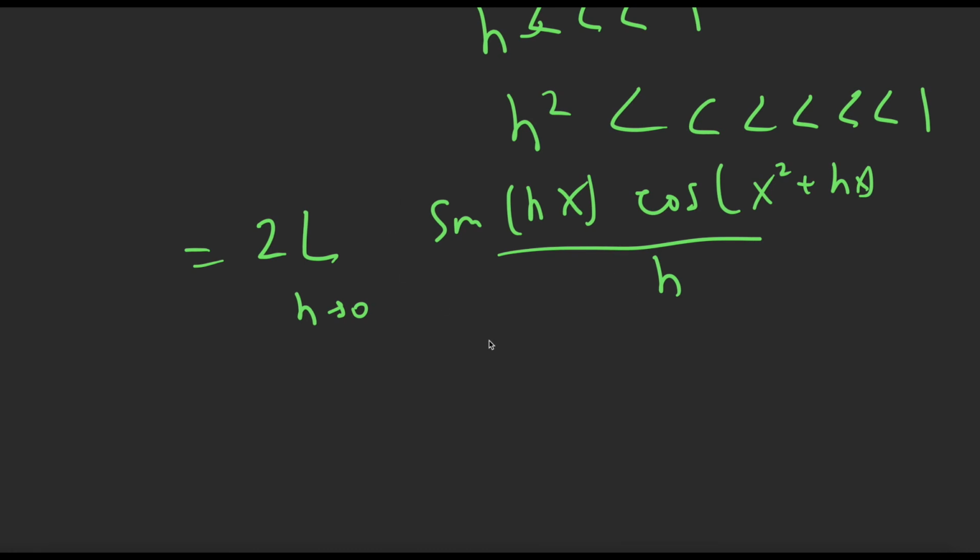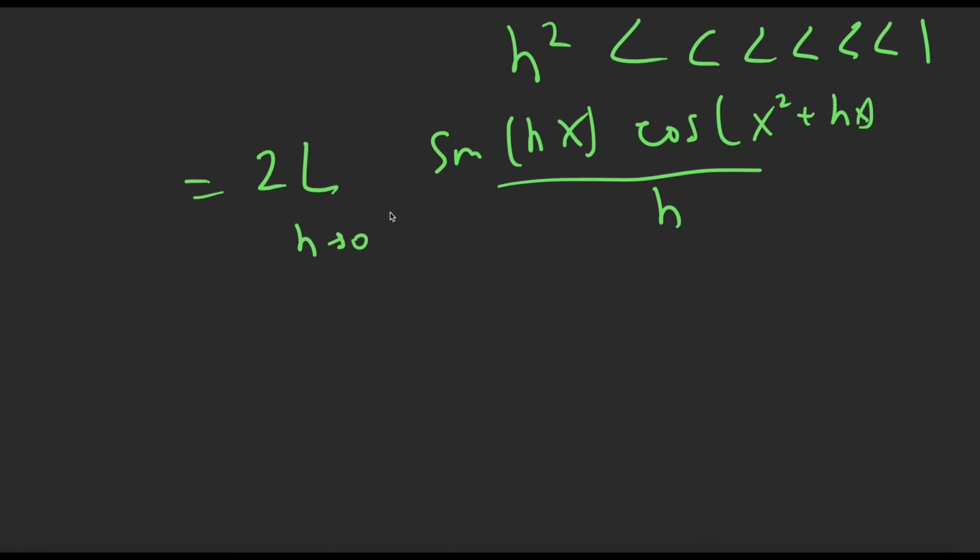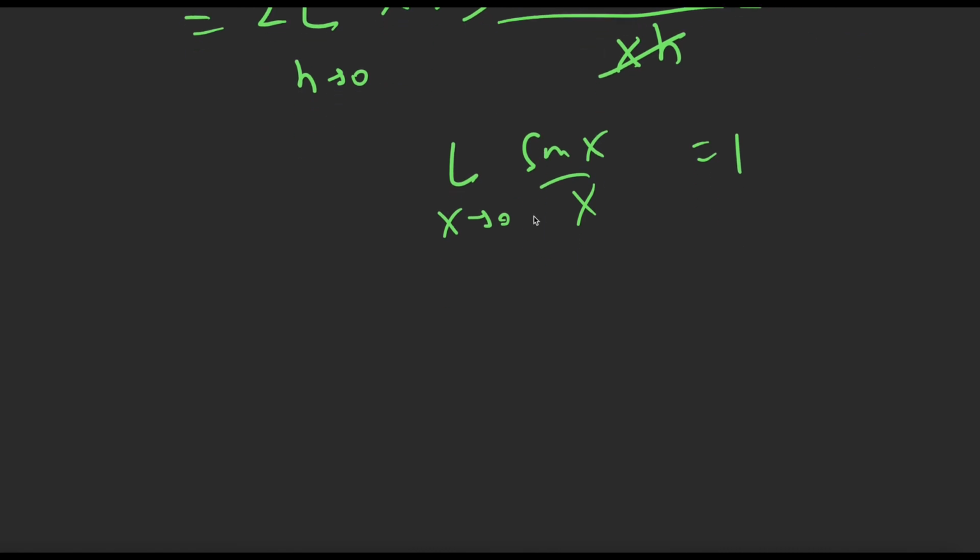And now everyone remembers the iconic limit sine x by x, where x tends to 0, is equal to 1. So put x here, multiply x here. So these two turn out to be 1.